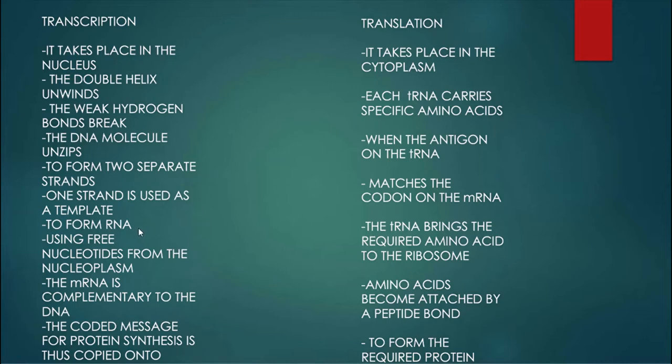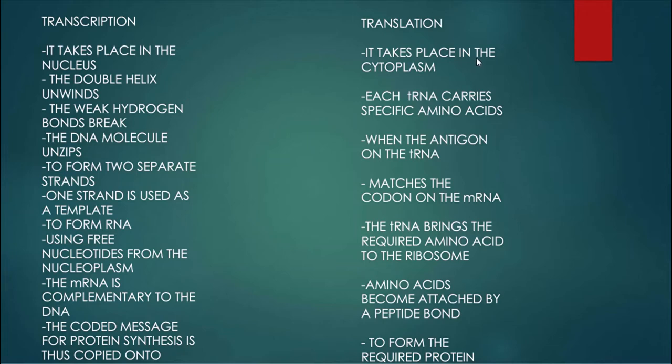One strand is used as a template to form RNA using free nucleotides from the nucleoplasm. The mRNA is complementary to the DNA, and the coded message for the protein synthesis is thus copied into mRNA.